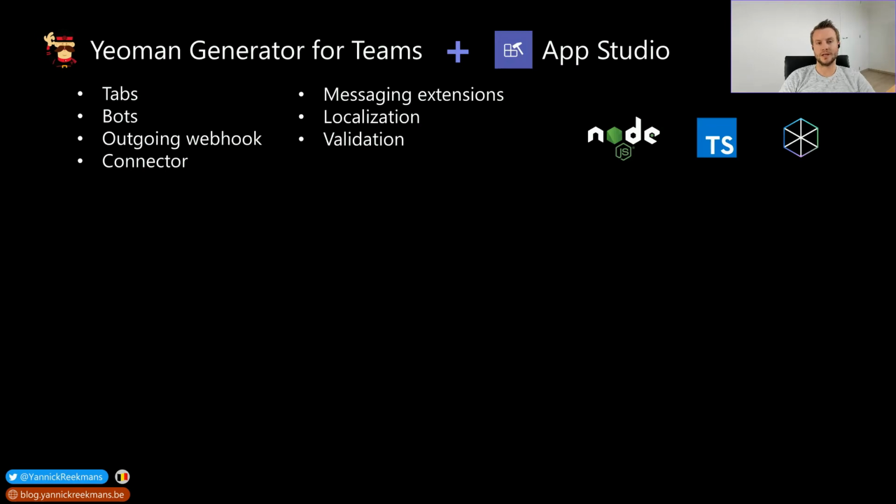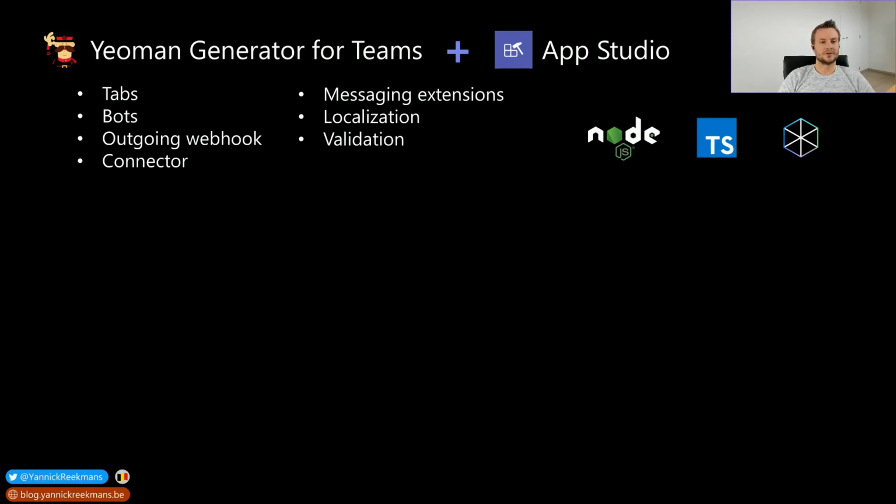So he created a Yeoman generator for the people that also do SharePoint development or SharePoint Framework development. They're familiar with this already, because the SharePoint team also uses Yeoman and the Yeoman generator for SharePoint Framework development. And this Yeoman generator for Teams is a community-driven effort, and it's hosted underneath the Patterns and Practices umbrella within Microsoft.